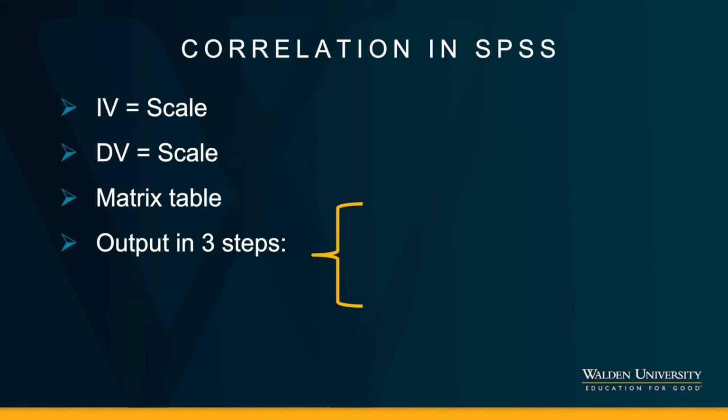First, we focus on the significance to see if the relationship is significant, p smaller than 0.05. We then discuss the direction of the relationship. It can be positive or negative, or not existent. And then we will discuss the strength of the relationship, and that is actually the number of the Pearson's correlation coefficient that we will interpret for that.